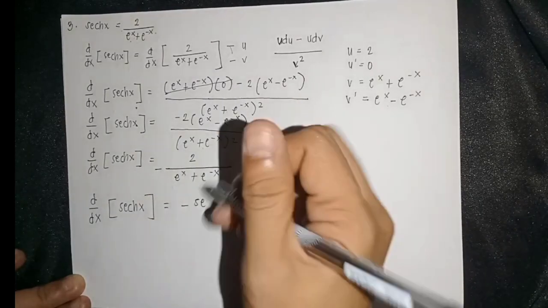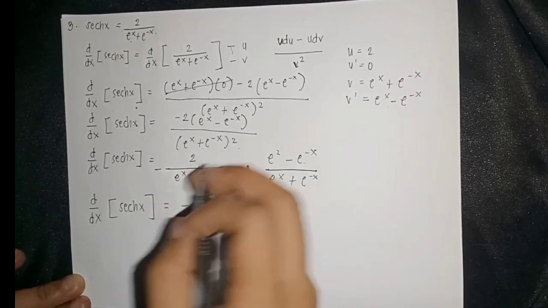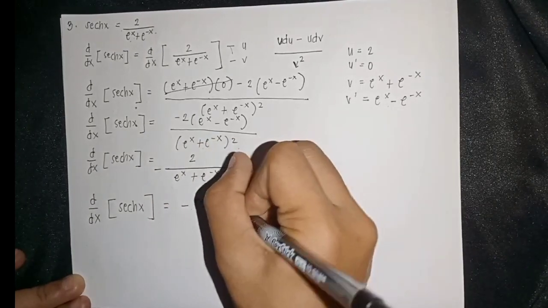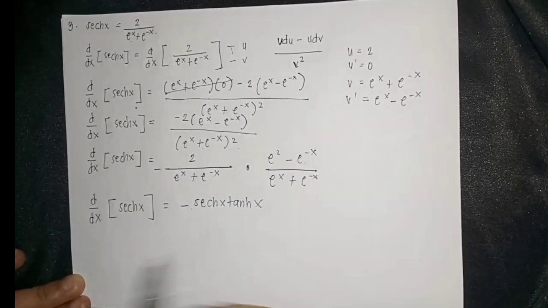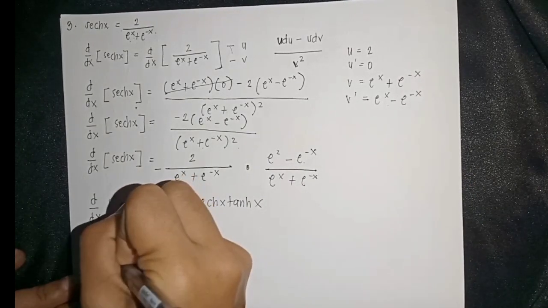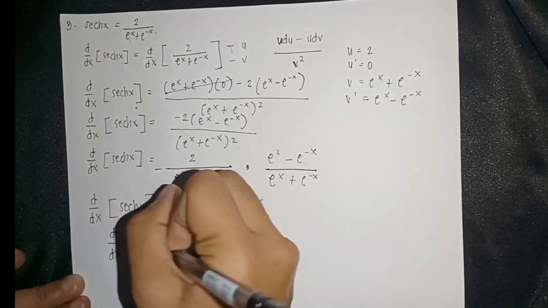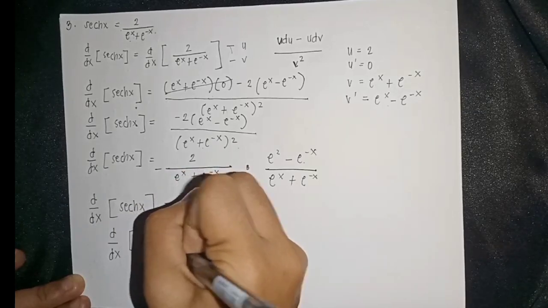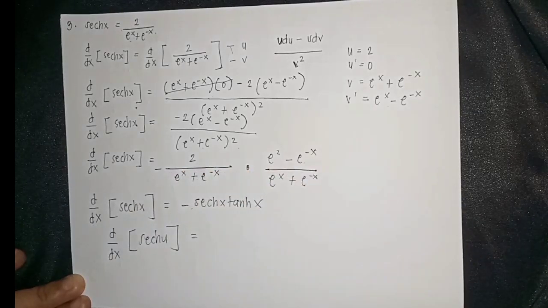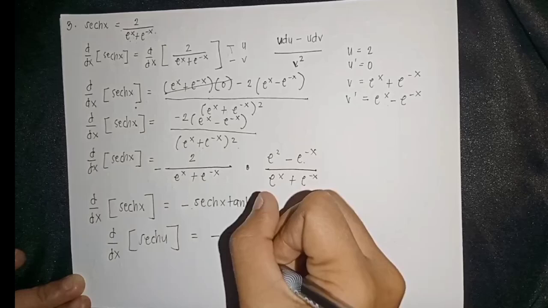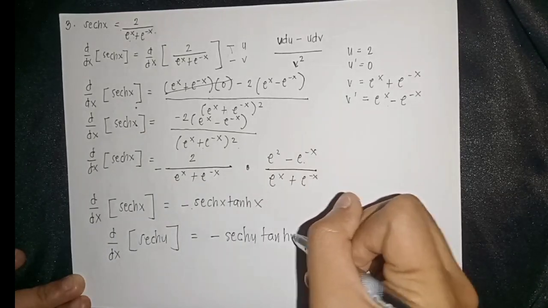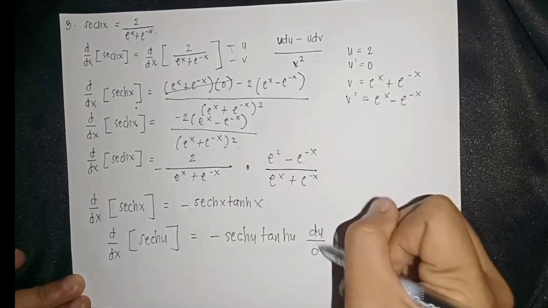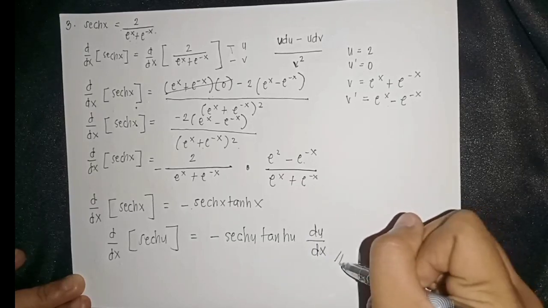The negative 2 all over e raised to x plus e raised to negative x is equal to negative hyperbolic secant x, while e raised to x minus e raised to negative x all over e raised to x plus e raised to negative x is equal to hyperbolic tangent x. That is the general form for the derivative of hyperbolic secant x.